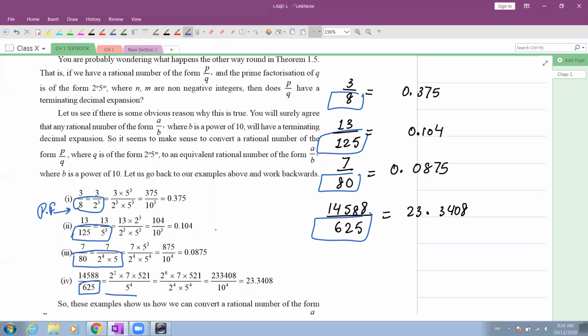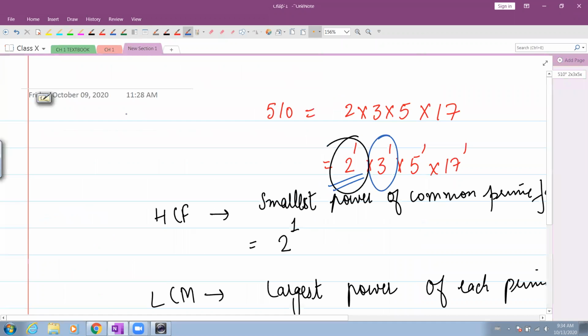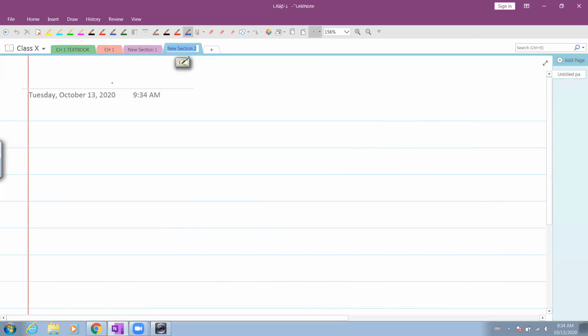And this thing can actually be used to convert your fraction into a decimal form without actual division. So I'm just going to show you how we can convert a rational number into a decimal form without division. So first of all, prime factorize the denominator.